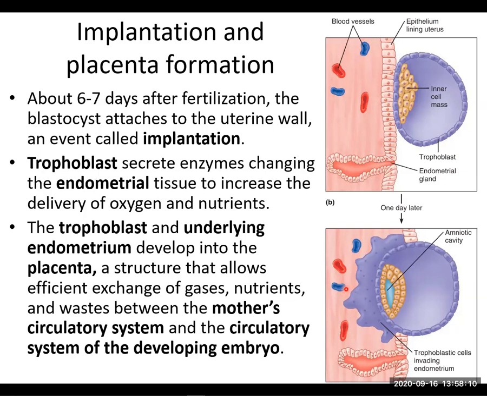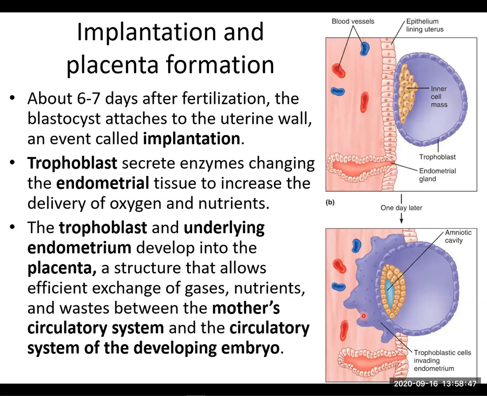And this placenta is important to provide the nutrition that the baby needs. Let's take a look. After about 7 days after fertilization, the blastocyst will move into the uterus and attach to the uterine wall, eventually, and this is called implantation. The trophoblast secretes enzymes to affect the uterus tissue.